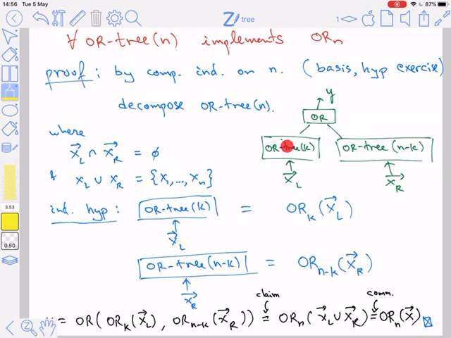Now, the left tree over here has, say, k inputs. Let's denote by k the number of inputs which feed the left tree, and let's denote by n minus k the number of leaves that feed the right tree. And the left subtree and the right subtree are also OR trees because the labels of the inputs are going to be distinct.